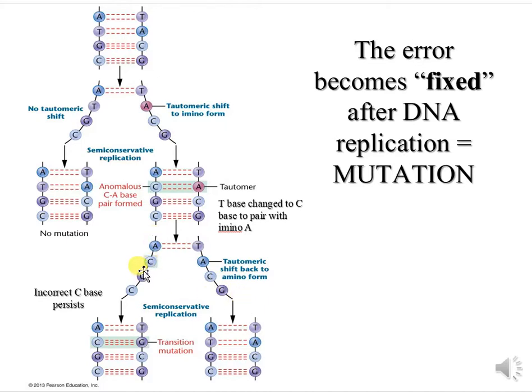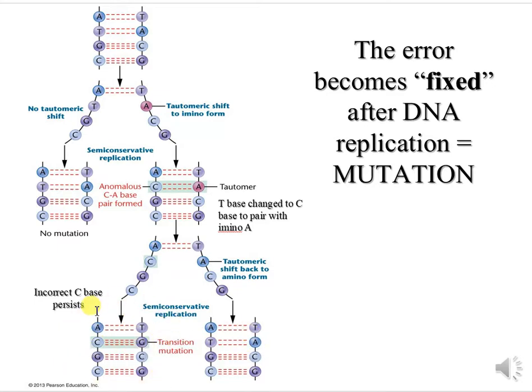So because you have a cytosine here, right, this strand is going to be used as the template for the synthesis of the replicate strand or the complementary strand. Because you have a cytosine here, you're going to get a guanine. Okay, that's a correct base pairing, right? But it's not correct in terms of its homologue. So you get what's called a transition mutation.